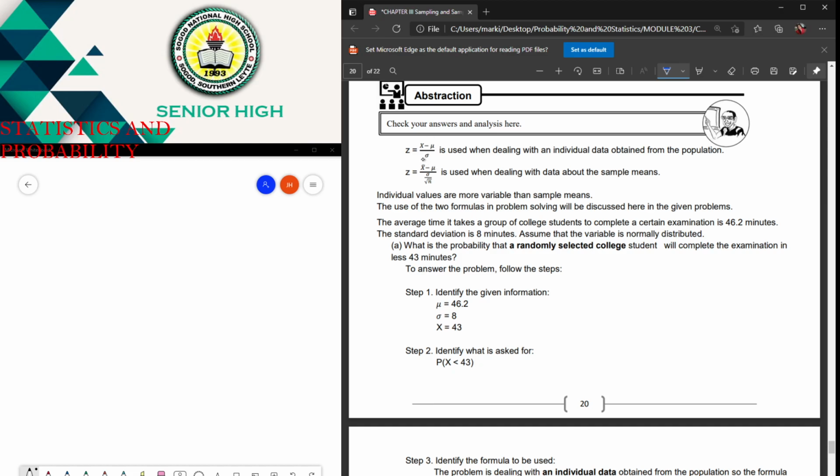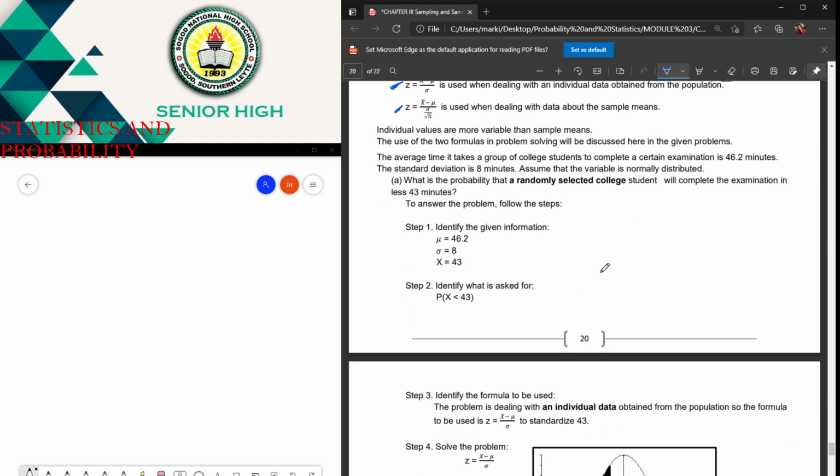This is the formula of the z-score for a normally distributed variable, and there is also a formula when dealing with data about sample means, where you have the standard deviation over the square root of n, where n is the sample size. Individual values are more variable than sample means. The use of these two formulas in solving problems will be discussed in the given problem.